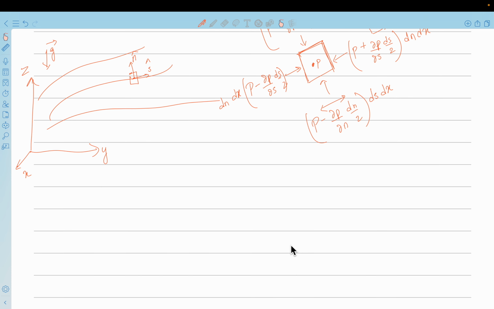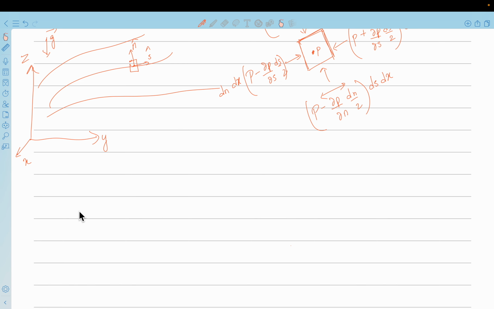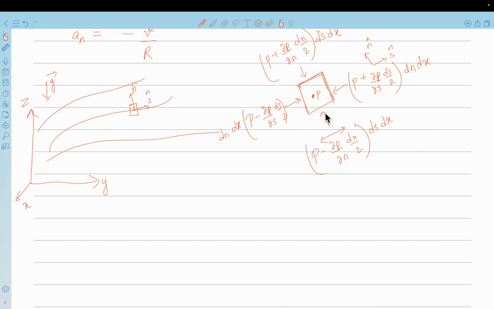So if this is clear, if you apply Newton's second law, how will you write the force balance? First there is a pressure balance. Let's do it in the s direction only. In the s direction, the pressure difference comes from taking the difference on this surface and on this surface, right? So basically I have to subtract this term and this term.